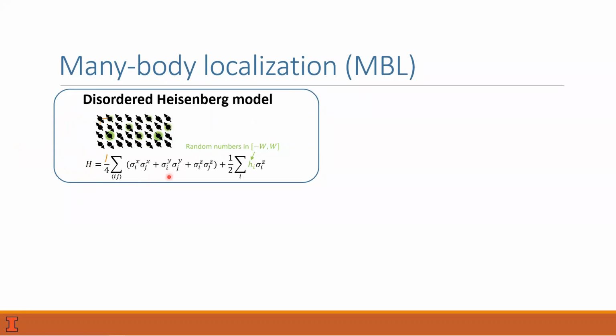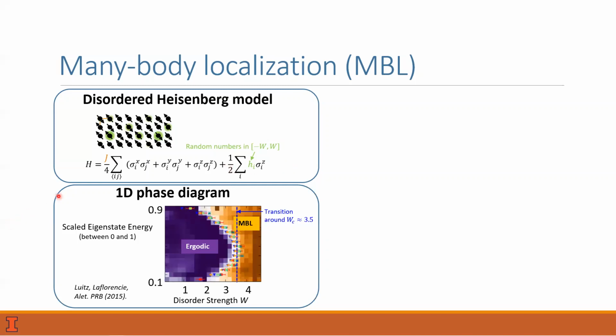It's a spin model with XX plus YY plus ZZ nearest neighbor interactions between spins, and a random magnetic field on each spin. These are uniform random numbers between minus W and W. W is called the disorder strength, and increasing W increases the amount of disorder in the system. It's the disorder that causes the system to localize and fail to thermalize.